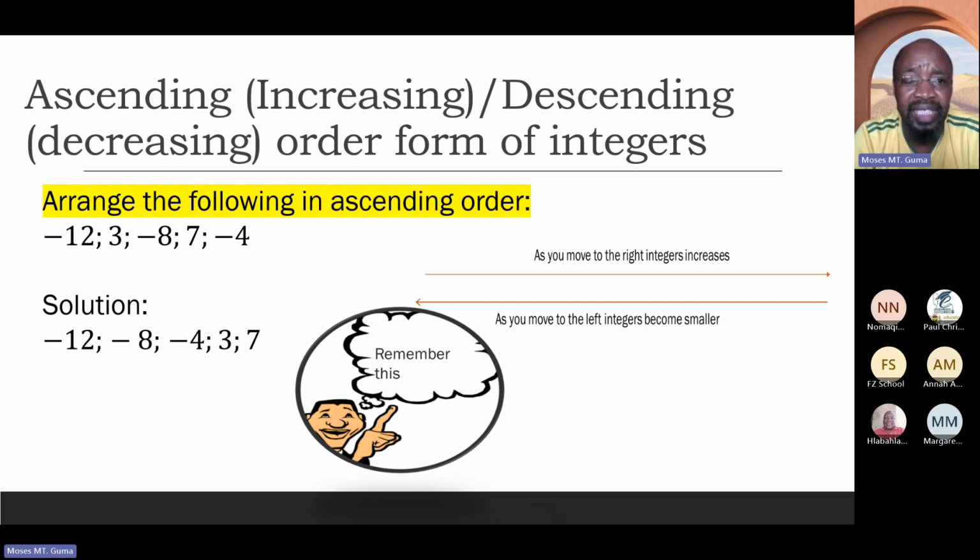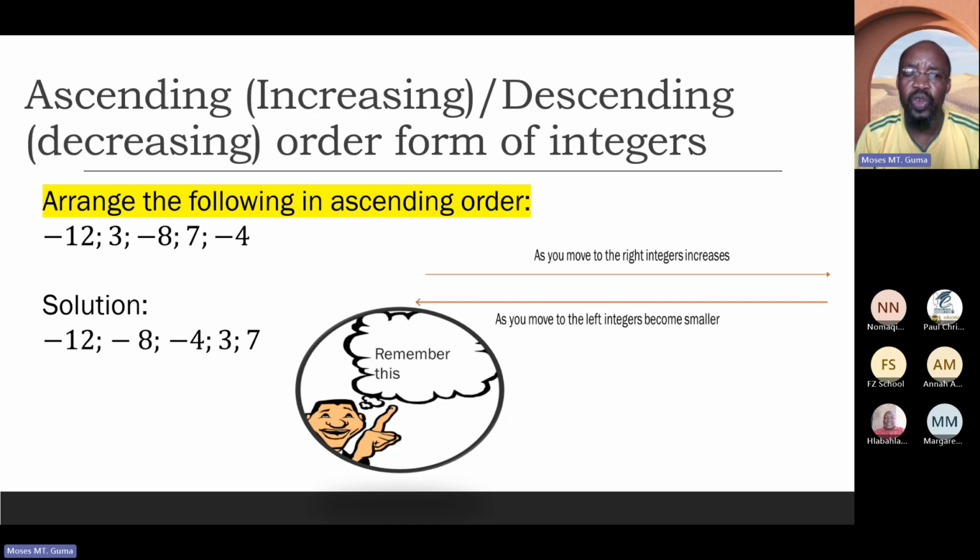Now, ascending, which is increasing. Ascending means increasing. Descending means decreasing. Now, we will ask you to arrange numbers or integers in an ascending order form or descending order form. Did I help you with that one?